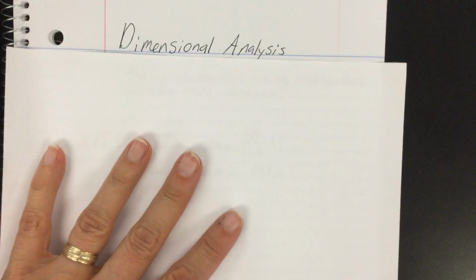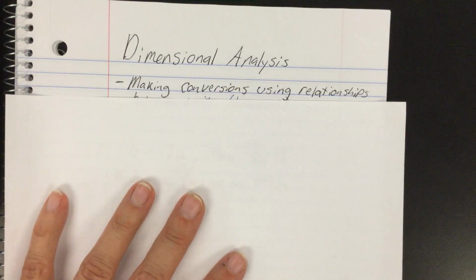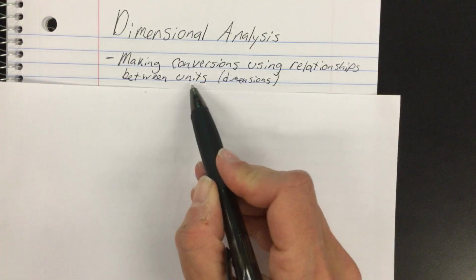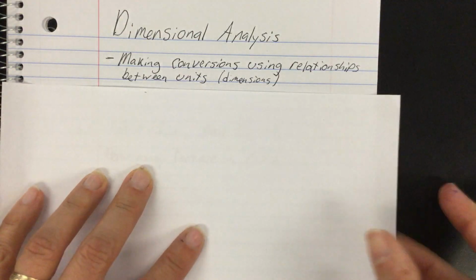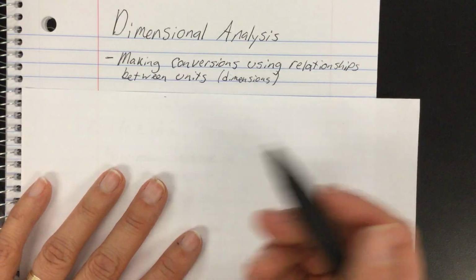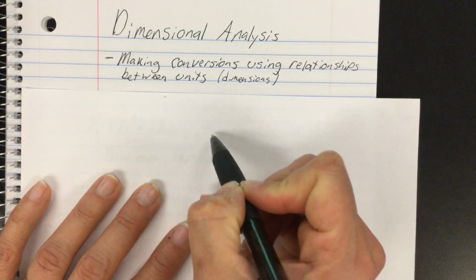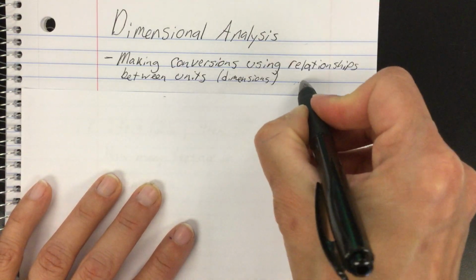The process we're going to use is called dimensional analysis. What that means is we're going to make conversions using relationships between units. Another word for units is a dimension. When you talk about what the dimensions of something are, it's 5 meters by 2 meters. That's a dimension. So we're going to make changes in units using equalities, things that we know are true.